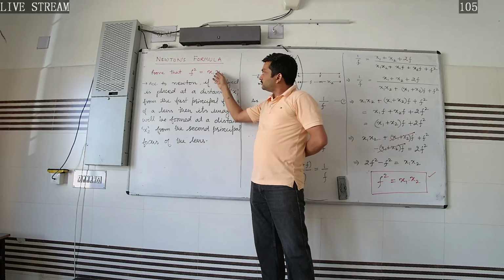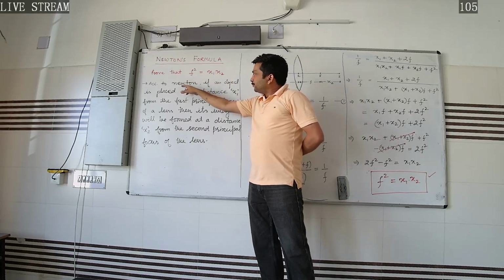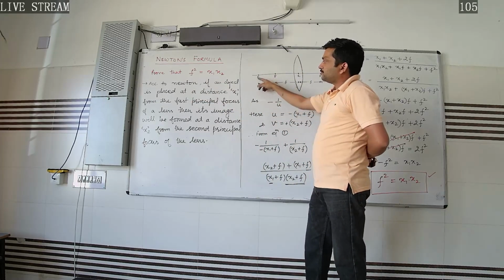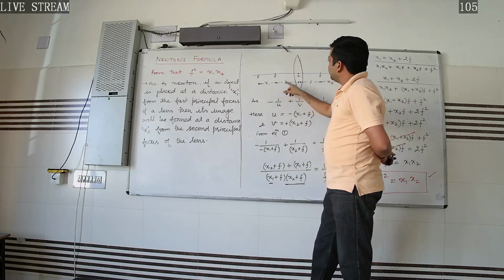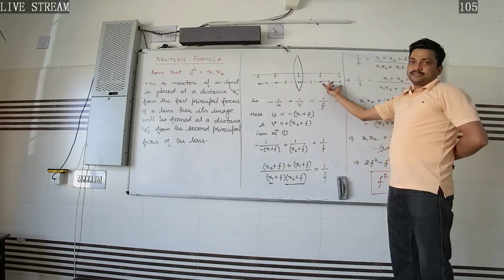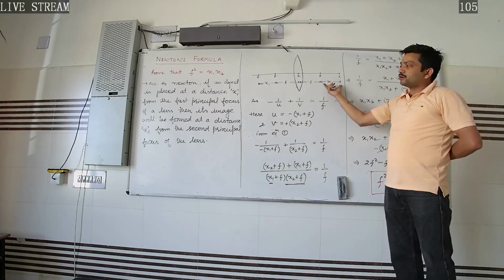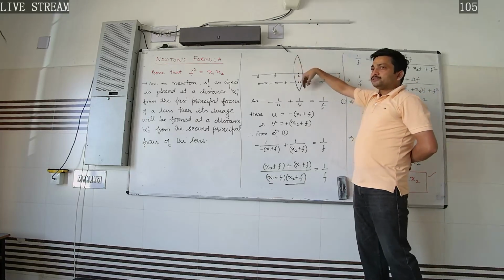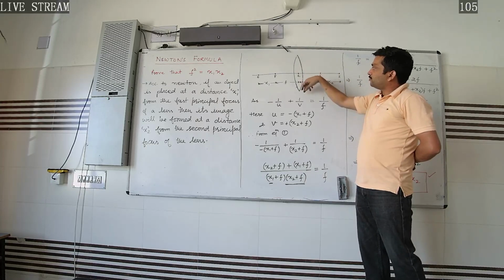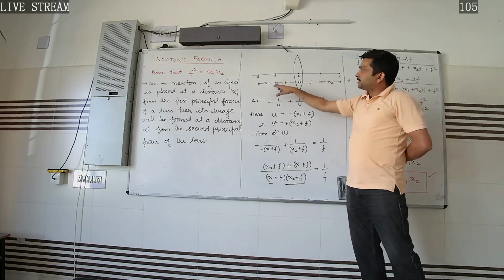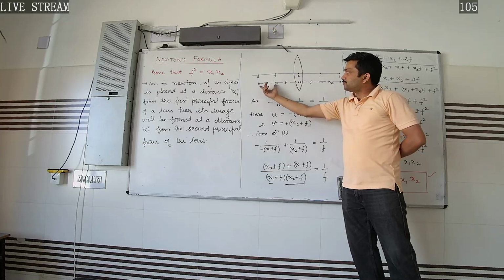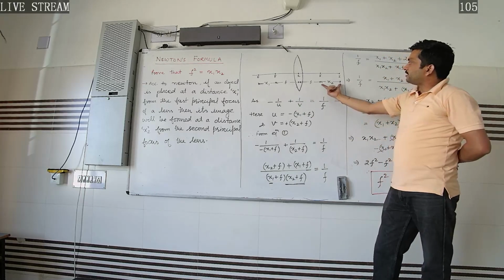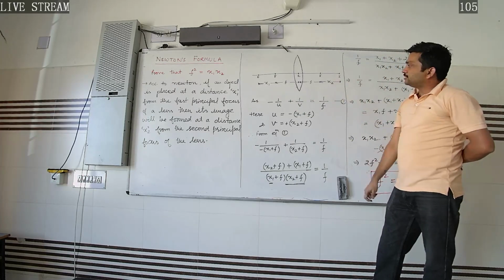So according to Newton, if an object is placed at a distance x1 from the first principal focus of a lens, then its image will be formed at a distance x2 from the second principal focus of the lens. So here we have considered a convex lens of focal length f, and an object is placed at a distance of x1 from its first principal focus such that its image is formed at a distance x2 from the second principal focus.